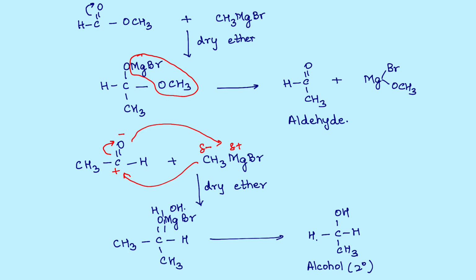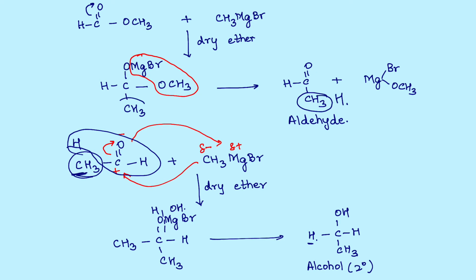So that means instead of this CH3, I should have an H. But then if I make this an H, it becomes an aldehyde, HCHO, it no longer remains an ester. It's an aldehyde, yeah.